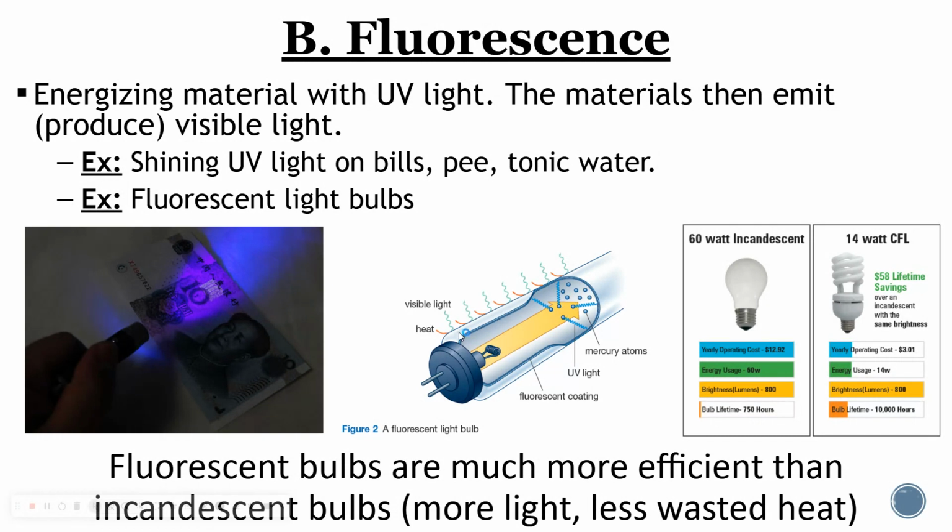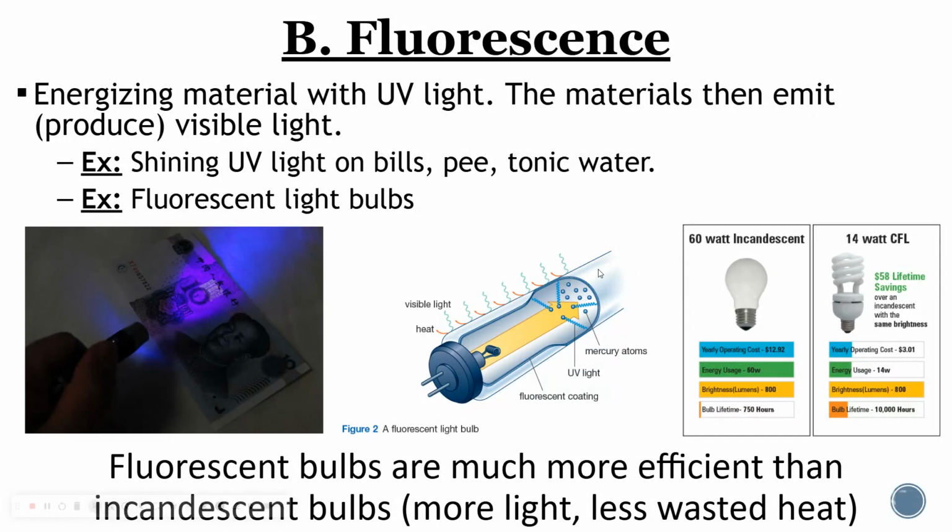And so what happens here is when you turn on the electricity, on the inside there's some mercury atoms that basically release some UV light. And that UV light is going to make this fluorescent coating here very energized. And that's going to cause the fluorescent coating to release energy in the form of light that you can see.